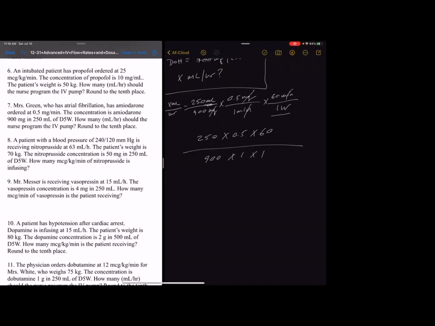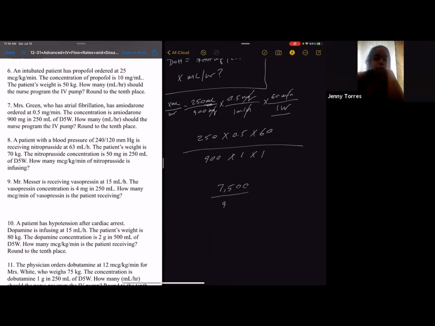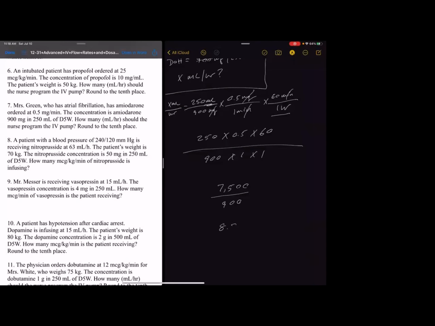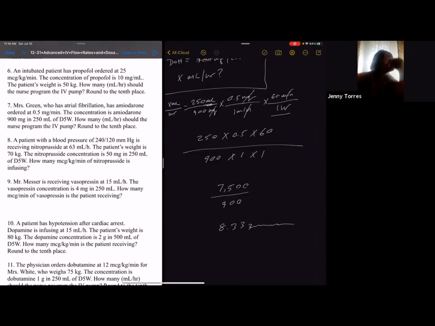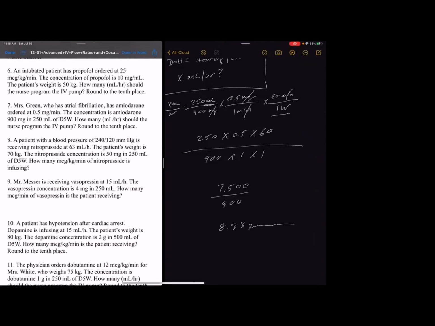If we do our math, 250 times 0.5 times 60 will give us 7,500 divided by 900. That will give us 8.3333333. It says round to the nearest 10th.